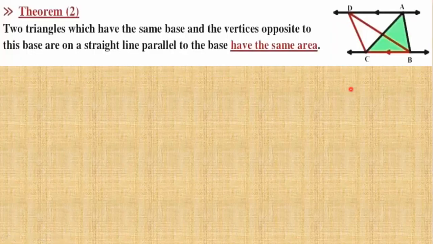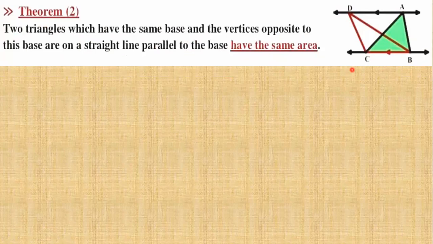Theorem number 2. Two triangles which have the same base and vertices opposite to this base on a straight line parallel to the base have the same area. That means if we have two triangles like ABC and DBC, they are constructed on the same base BC. They are included between two parallel lines, AD and BC, and the base is one of them.